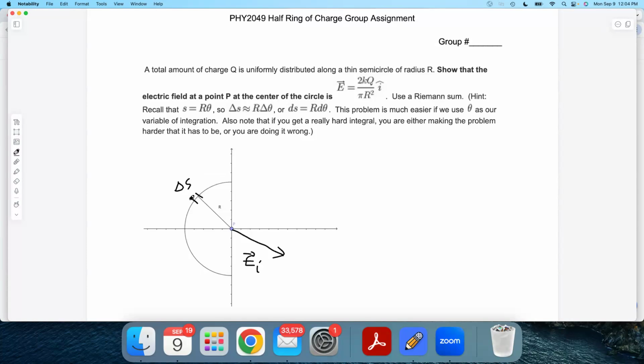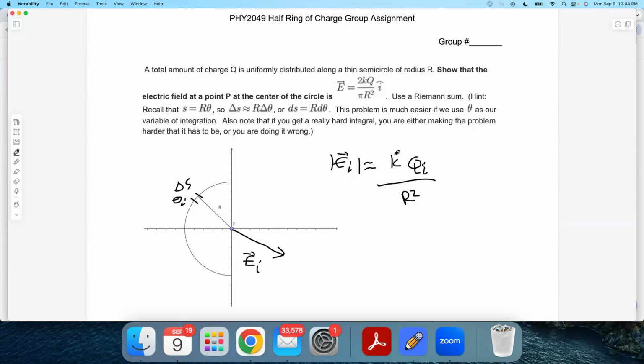So this might be theta I. Then in magnitude, EI will be approximately K times the charge in there, let's call that QI, the amount of charge that lives in that little delta S, divided by the distance squared, R squared.